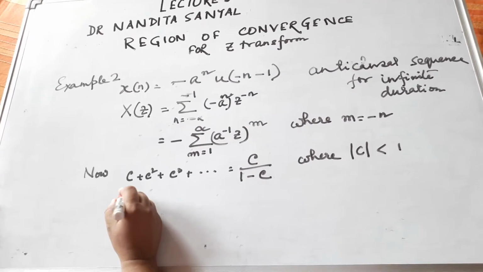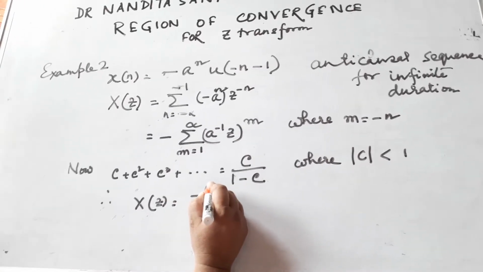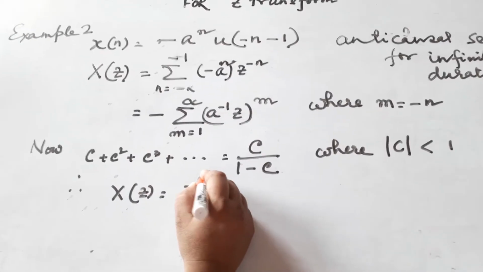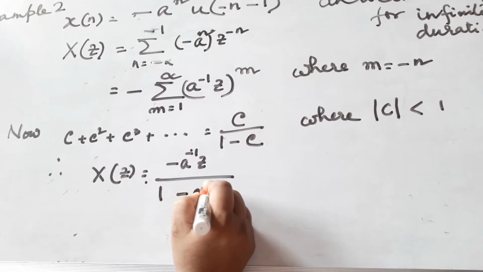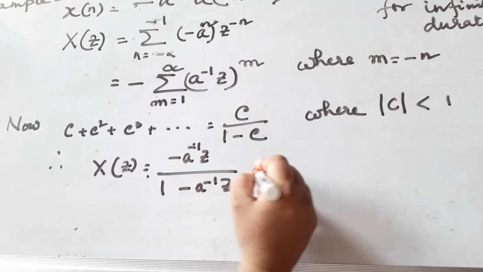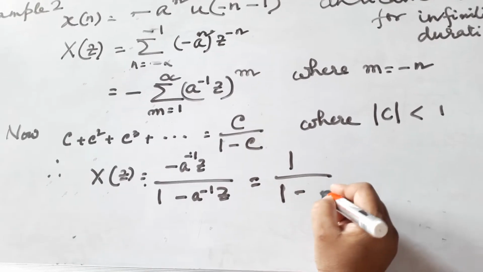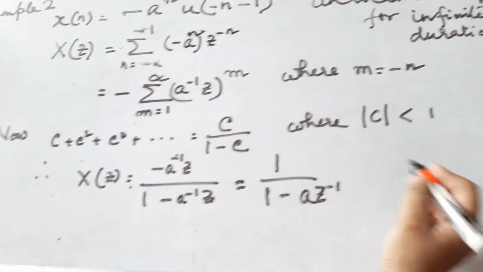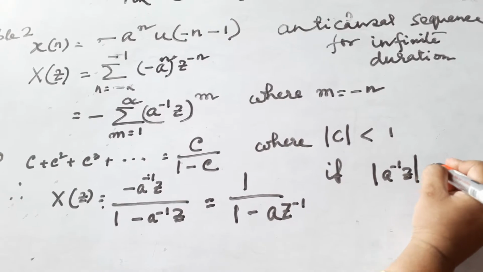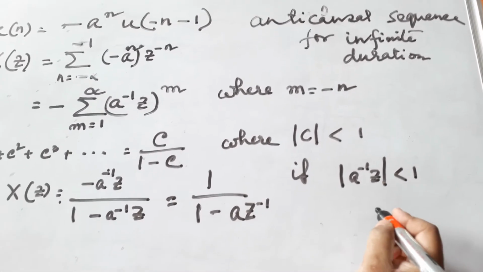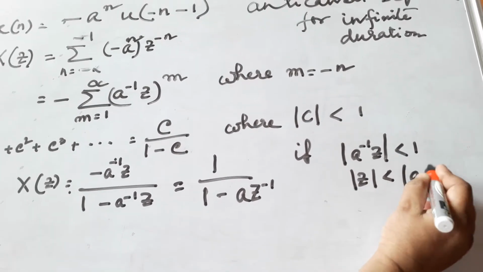Therefore X(z) will be equal to minus a to the power minus 1 z by 1 minus a to the power minus 1 z, which is equal to 1 by 1 minus a z to the power minus 1, if mod of a to the power minus 1 z is less than 1, that is, mod z is less than mod a.